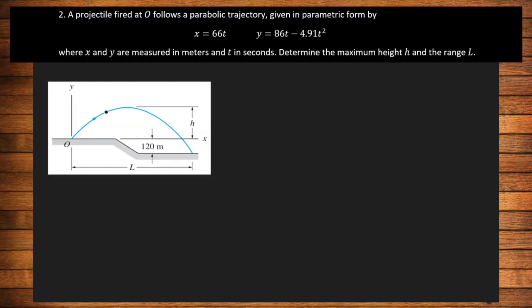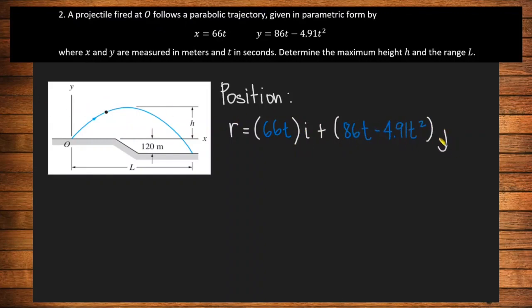Determine the maximum height h and the range L. Okay, so medyo madali lang siya kasi yung position vector natin, let's say that is R. So yung components niya, given na. Yung parametric form na binigay sa taas. So yung position vector R natin, that will be equal to 66t i plus 86t minus 4.91 t squared j.